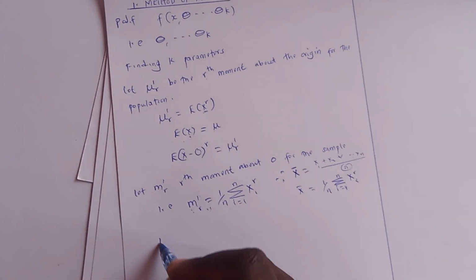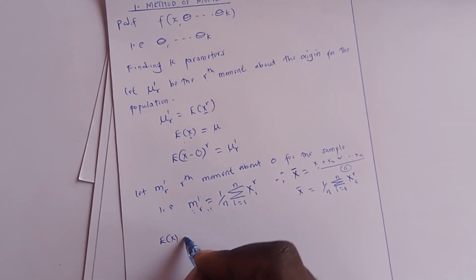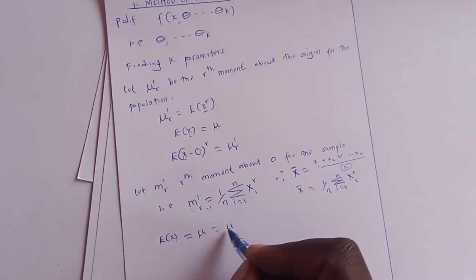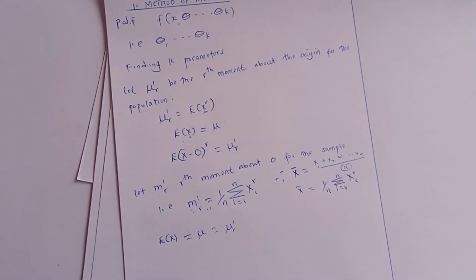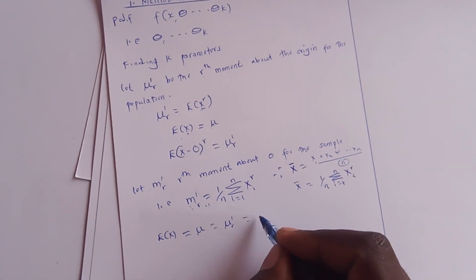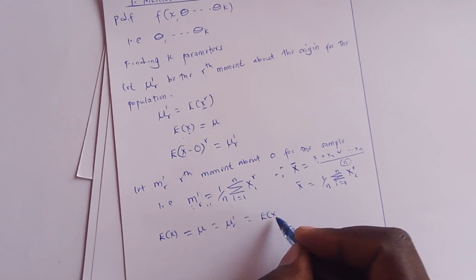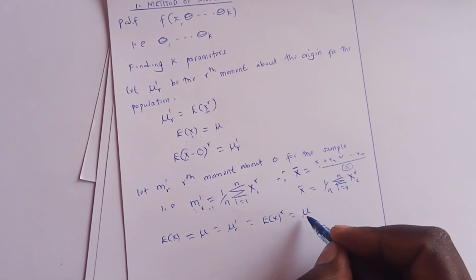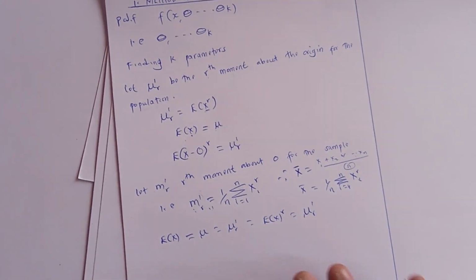Now we say the expected value of x equal to mu is the same as mu prime r, which is the same as the expected value of x to the power r, equal to mu prime r.